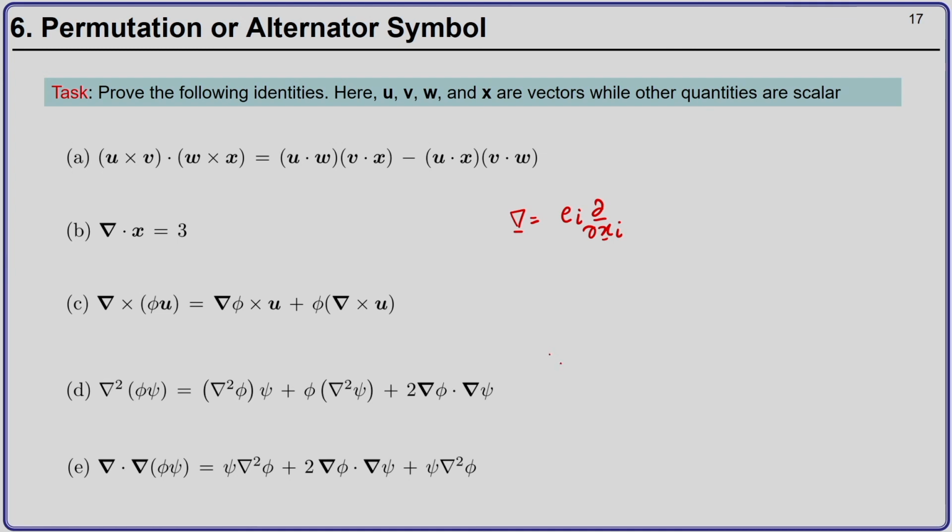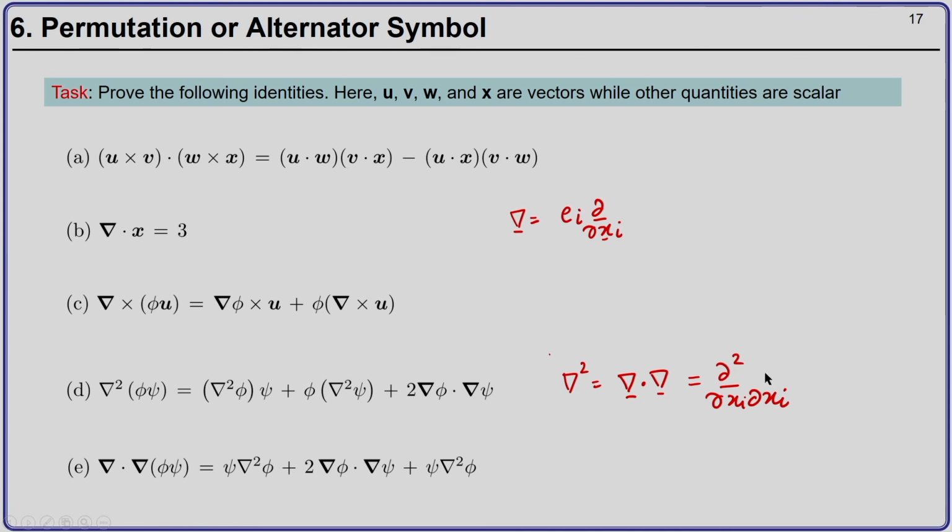And del square, the fourth one, is nothing but del dot del, which is del square by del x_i del x_i. Using these concepts you should be able to prove these 5 identities.